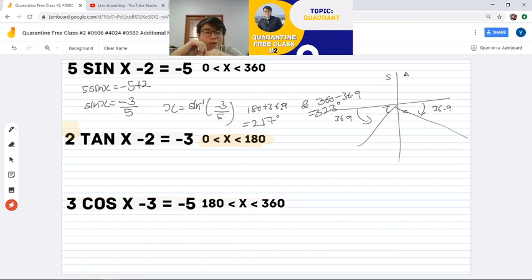So this is where he fell for the trap set up by the examiner. Remember that I mentioned earlier, the range doesn't cover it. Okay, it's only for the first and second quadrant.